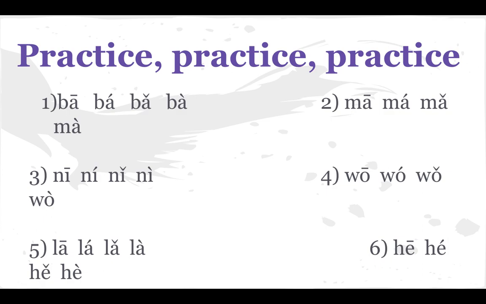Okay, let's read 1, 2, 3, 4, 5, 6 together. And let's see if you got the correct pronunciation of each word. First one, ba, ba, ba, ba, ba, ma.